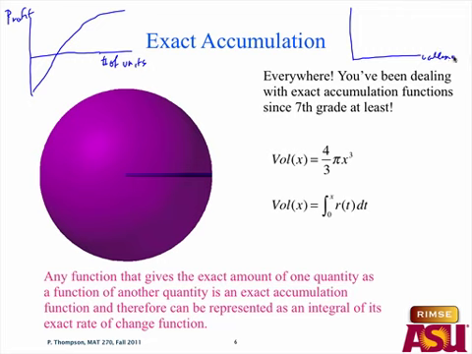Okay, all right, another one is gallons of gasoline used in your car, and distance traveled. So maybe that graph might look something like this. Depending on what speed we're going in the car, we get different efficiencies, right? How can the distance traveled be thought of as an accumulation function?